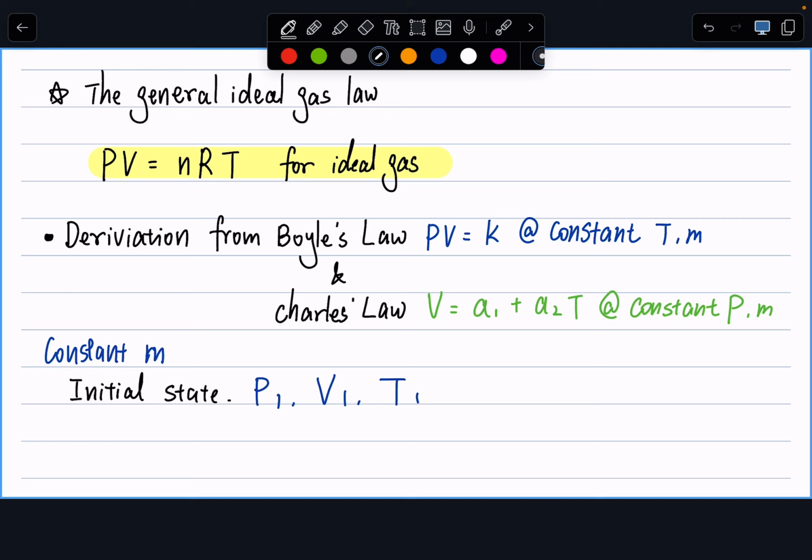And we have our Charles law, which is saying our volume is a linear relation with respect to temperature.